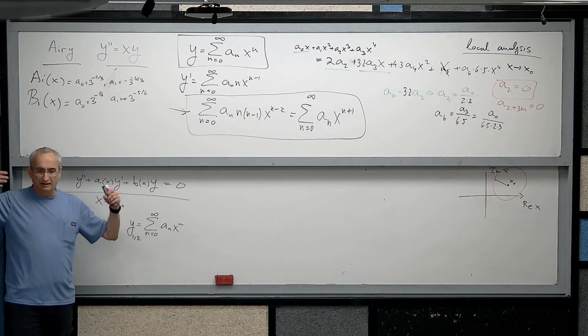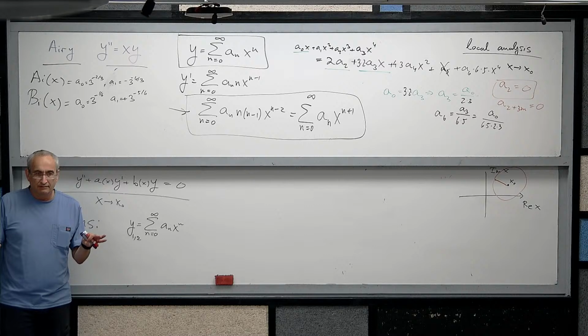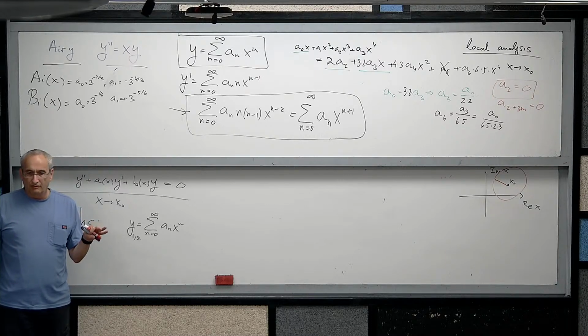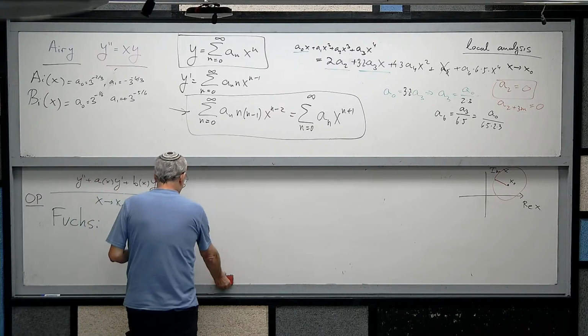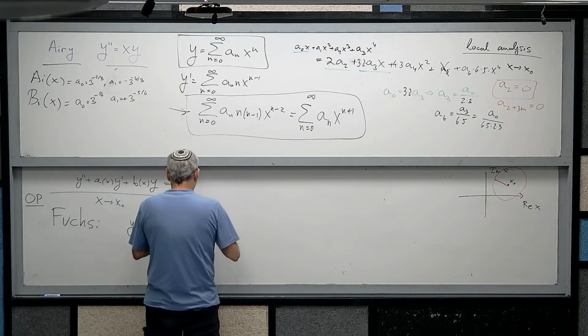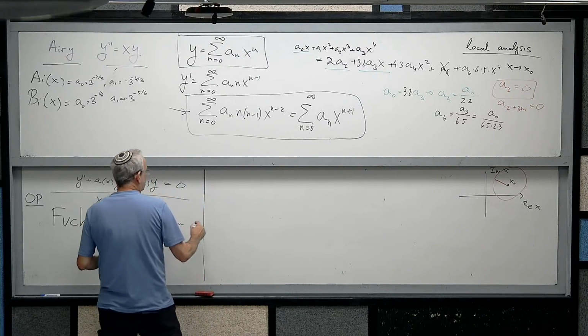This is exactly the definition of an ordinary point. Okay? Are we on the same page? Good. Next type is, this is type number 1, ordinary point.